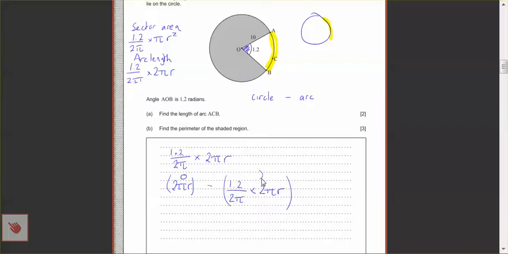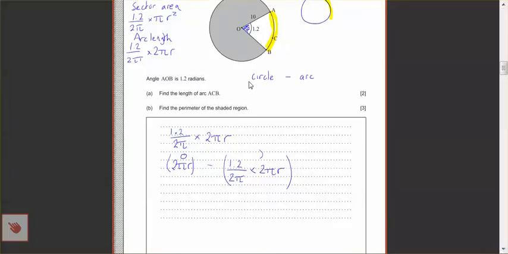Make sense? So now I've just got to put the values in. So 2 pi r is 10, so it's 20 pi minus 1.2 times 2 pi, divided by 2 pi, times 2 pi r. So the 2 pi's cancel, so it's actually minus 1.2 times r, which is 10.